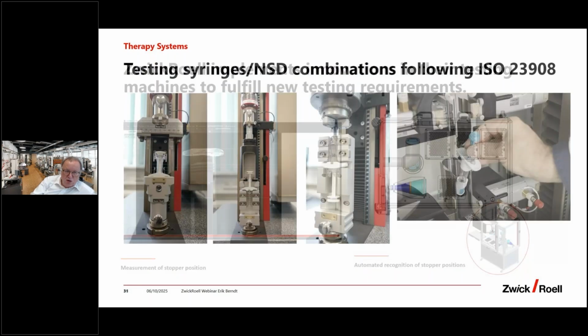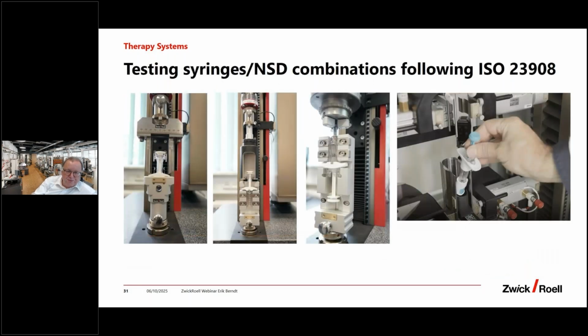Back to perhaps standards, and this is also relevant perhaps to the 11608 series, because this is referencing also the ISO 23908, where we are looking especially at the needle position after injection.